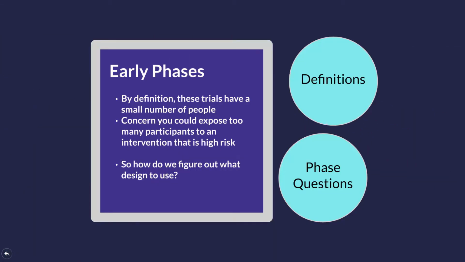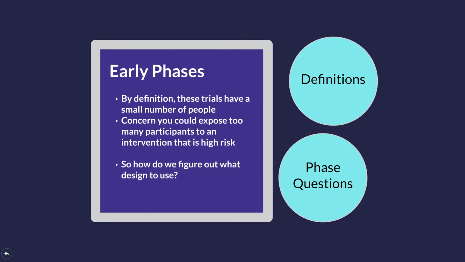So remember, for early phase designs, by definition, these trials will have a small number of people or participants. There is concern you could expose too many participants to an intervention that is high risk. So this is where you try to balance safety with efficacy.